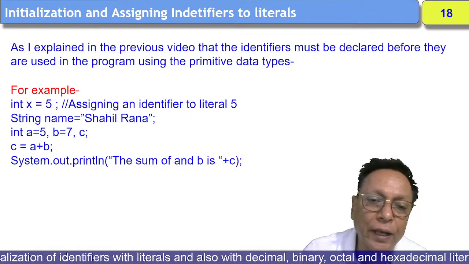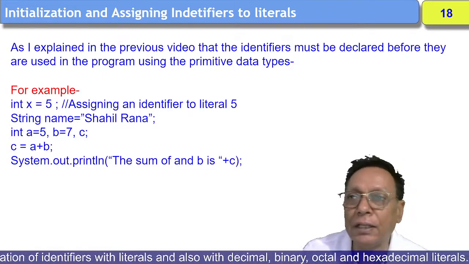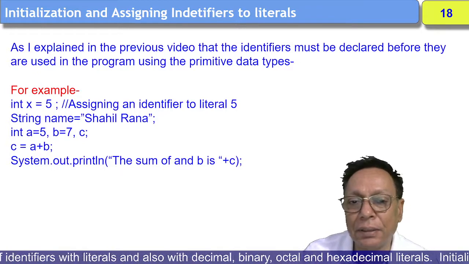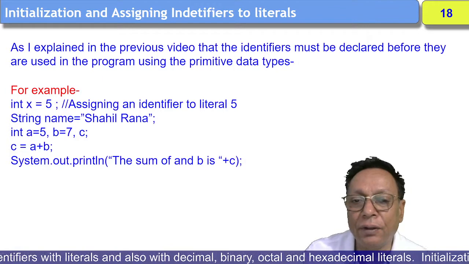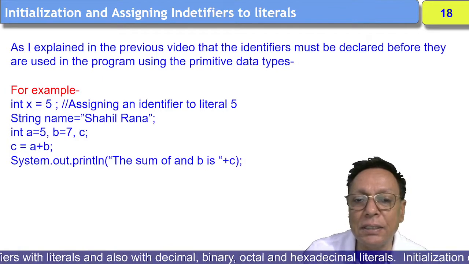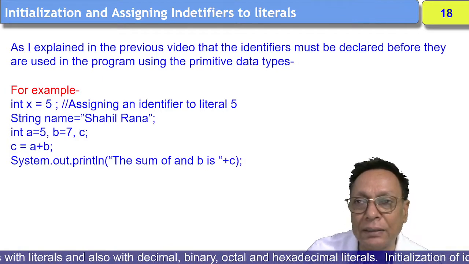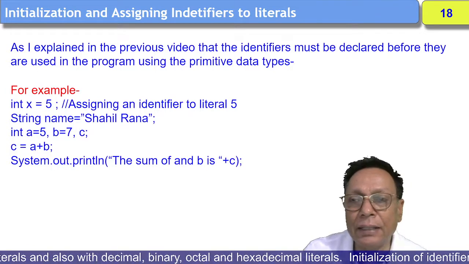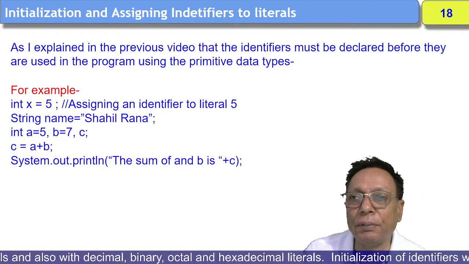If you move ahead to the next line, we see multiple initializations in a single statement, like a is equal to 5, comma, b is equal to 7, comma, c. So comma is the delimiter here, which is a token. And in the next line, we see c is equal to a plus b.